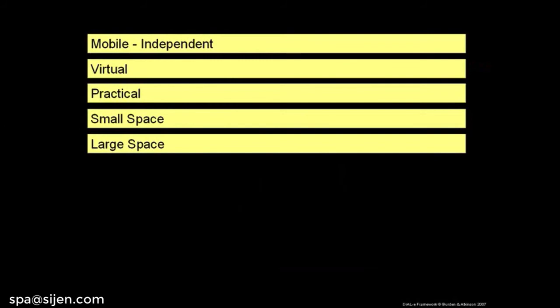We believe the framework represents a variety of different opportunities in a variety of different spaces, and these spaces will differ between learning contexts, so that large institutions delivering face-to-face may well focus largely on small space and large space designs. Others dealing increasingly with extramural study might want to focus more on the mobile technologies and virtual designs.